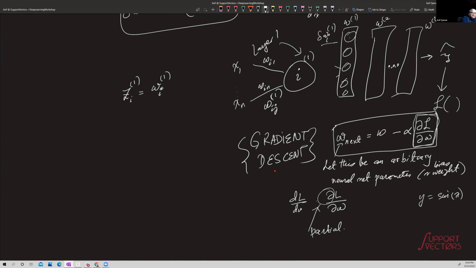In the first layer, suppose you take the ith node.